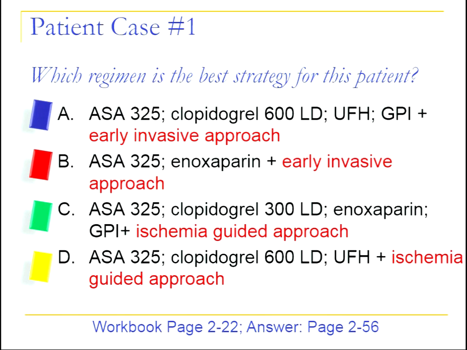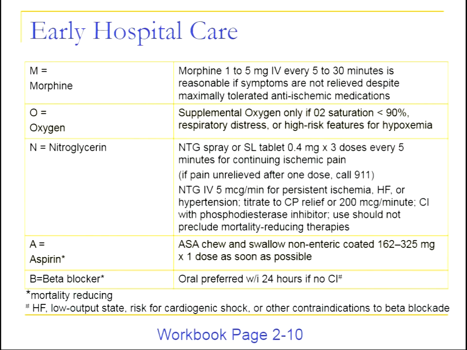We're going to talk about the drug therapy for acute coronary syndrome. Okay, so everyone, including our patient, is going to get early therapies, probably in the ER, while we're trying to decide what to do with them. Most patients will get an aspirin within the first 10 minutes.